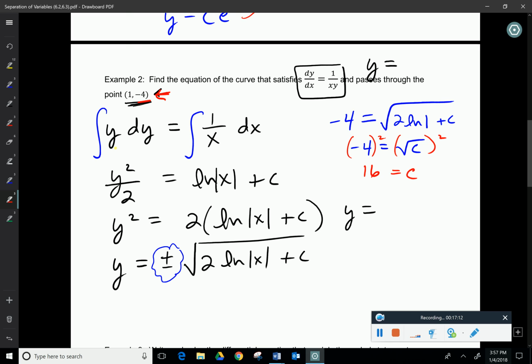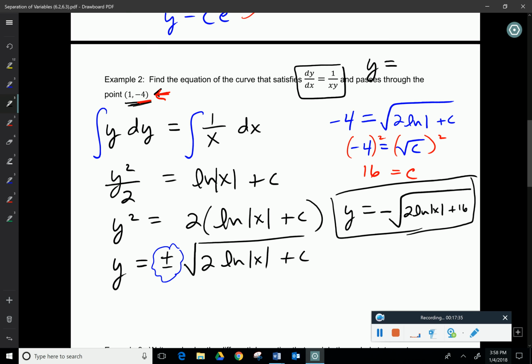Well, we just said y is -4, so I'm going to choose the negative to go out in front. So y equals negative square root of 2 natural log of x, and then instead of plus c, we're going to say plus 16. And remember that plus c in this case was under the square root. So there's the actual function.